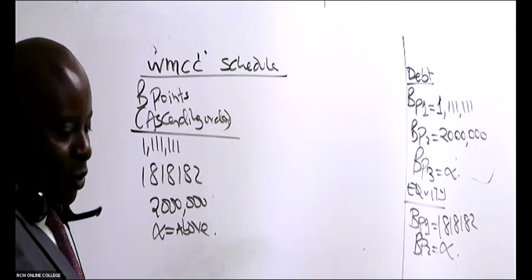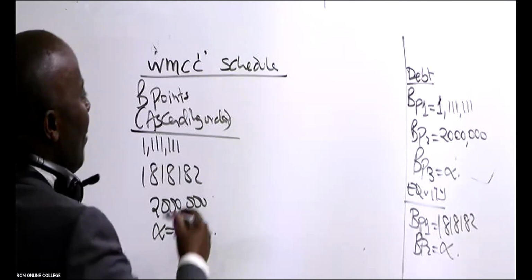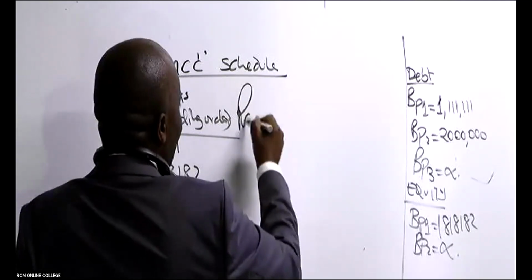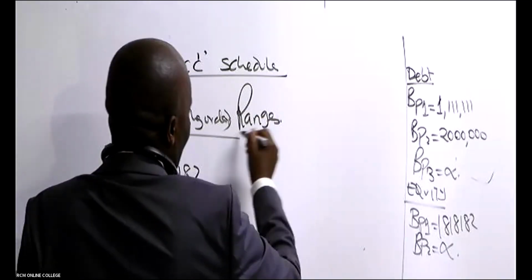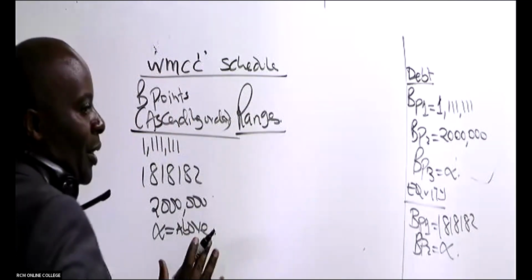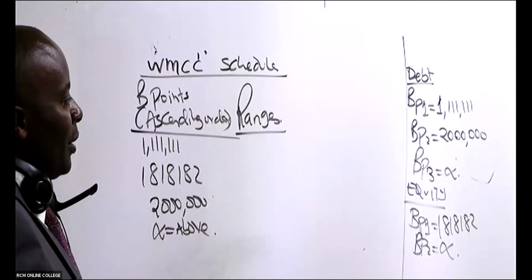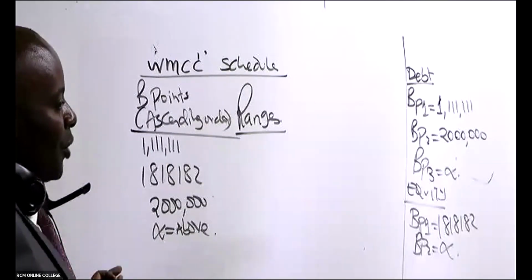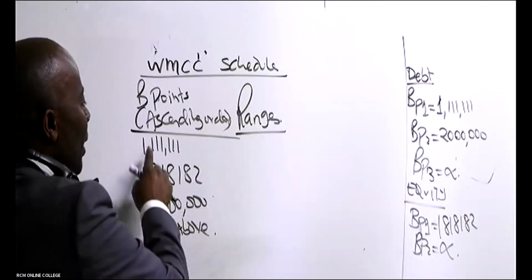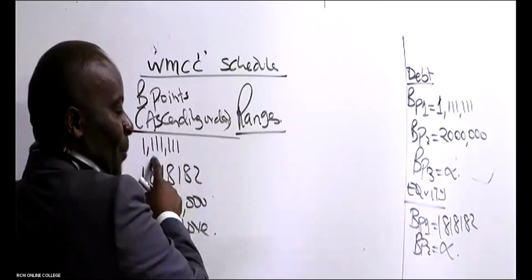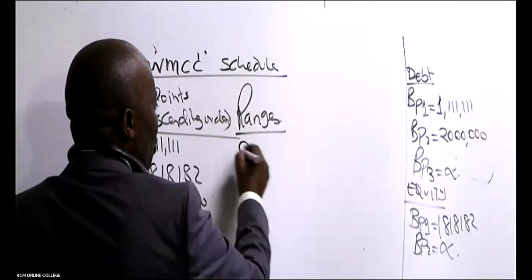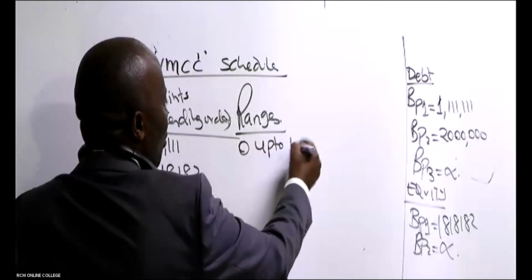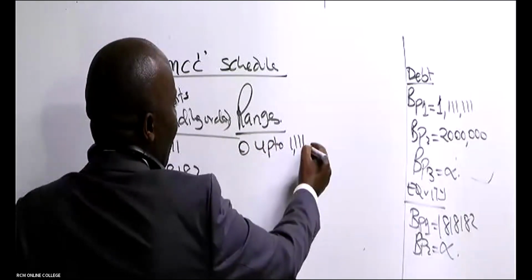Now, ladies and gentlemen, once you finish doing that, you will come and give us what we call the ranges. The ranges are very easy. These ranges are normally the maximum amounts. So normally you start with 0, then you say up to 1111.